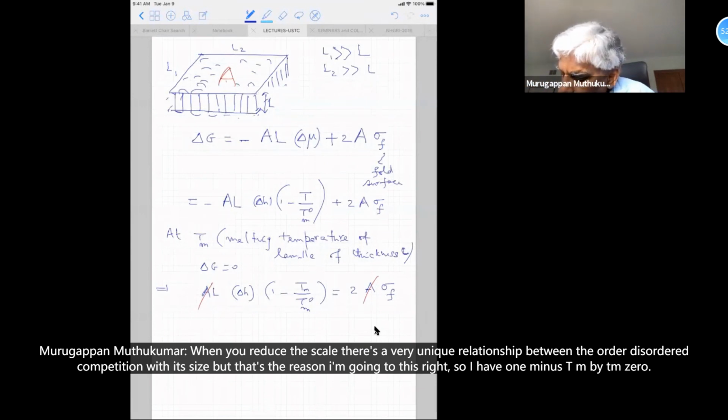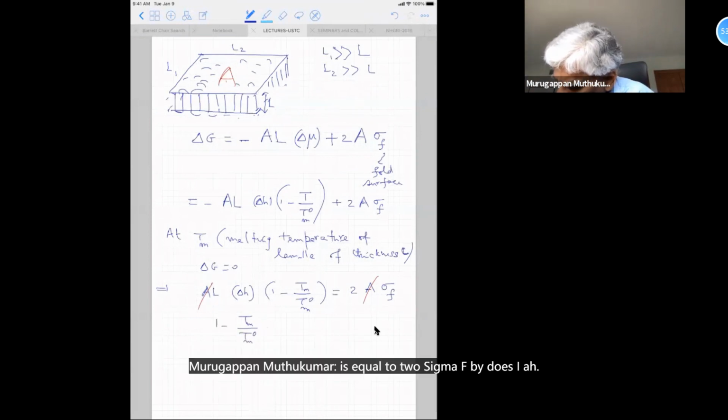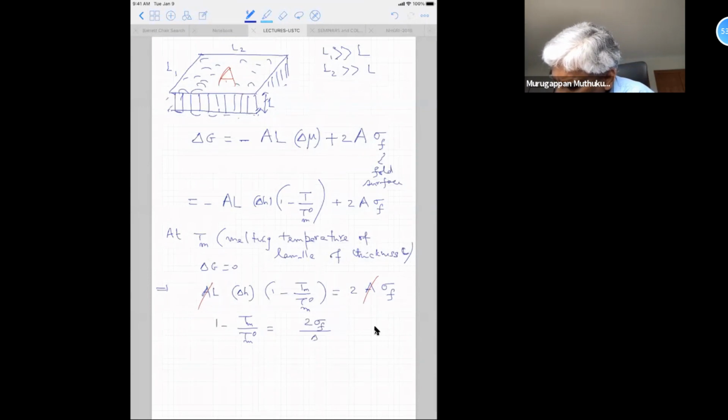So I have 1 minus Tm by Tm0 is equal to 2 sigma F by delta H L. Oh, I made a mistake, there is an L here.